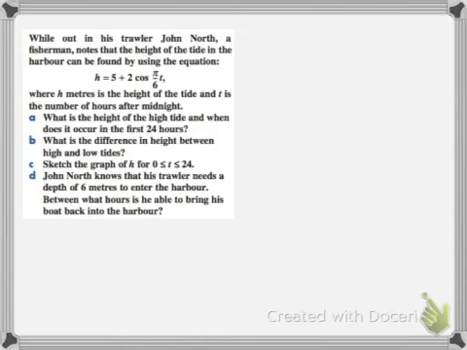So we've got an equation here for the tide, and it is h equals 5 plus 2 cos pi on 6t. What is the height of the tide? High tide. So high tide, we're looking at maximum.